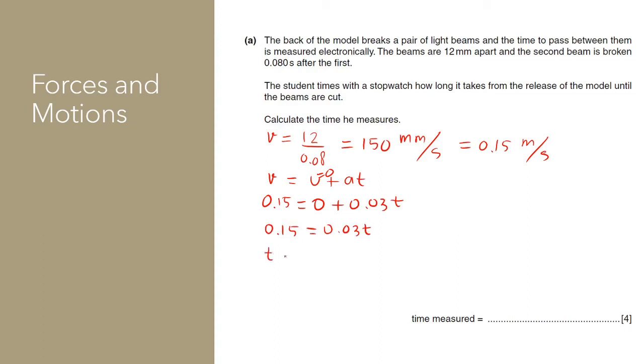To calculate the time, we divide 0.15 by 0.03. This equals 5 seconds. The answer is 5 seconds.